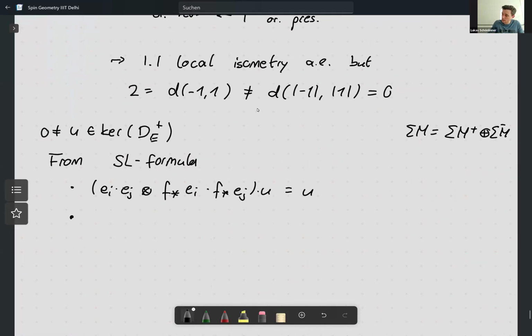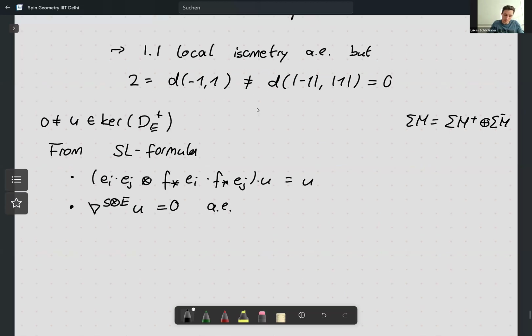And the second point is that, also from the estimates, this is a parallel spinor almost everywhere. And this says that the norm of u as a function on M is constant almost everywhere. Let's say this is 1 and this is 2.